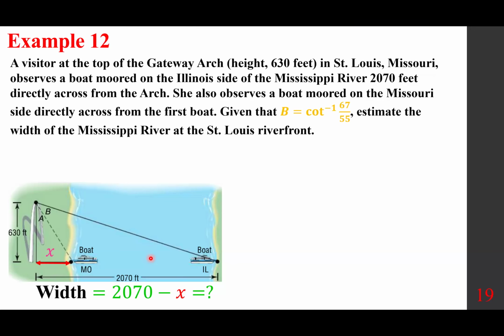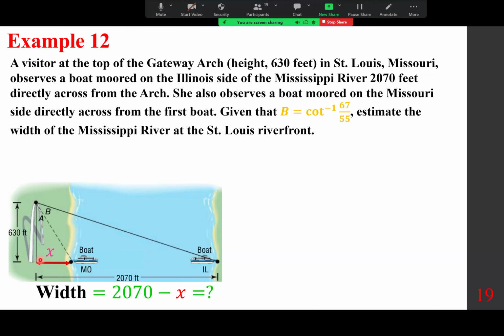And because this is 630, if we could find a, the value of the angle a, this angle, we can find x, and then we are in good shape. So this is a, this is b.